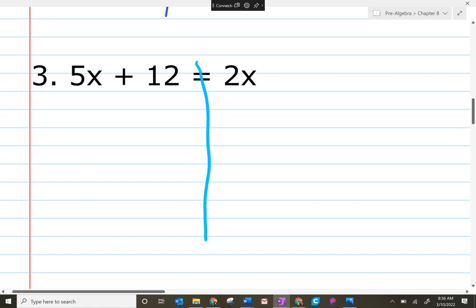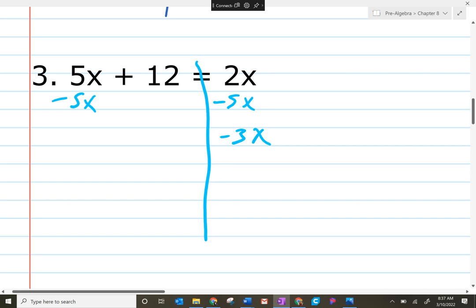What do I do? Luis? Say it again. Subtract by 5x, so minus 5x to both sides. Okay, what do you get? Negative 3x. So on this side, I got negative 3x. What else do I do?